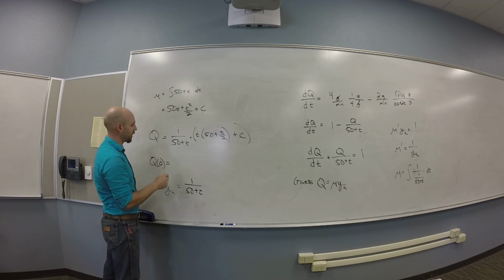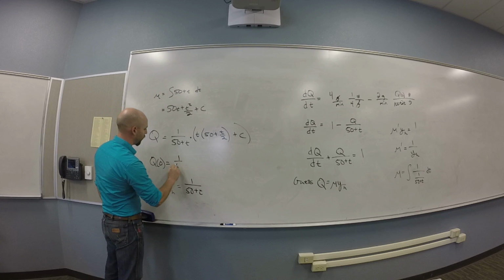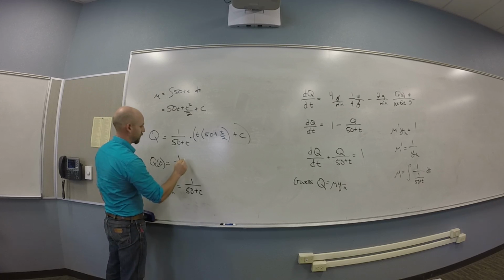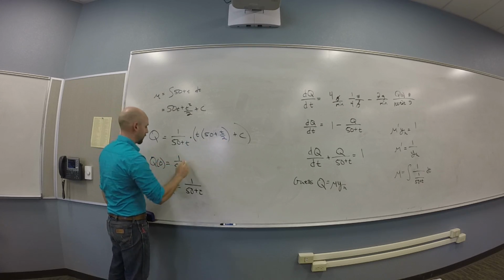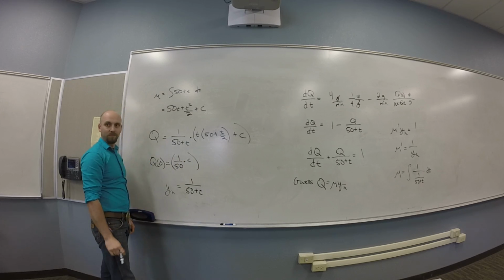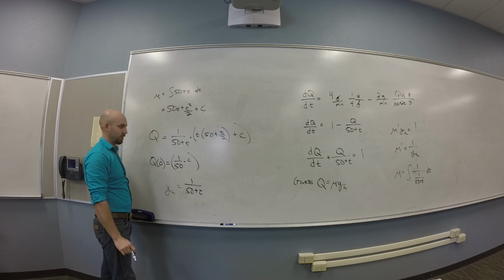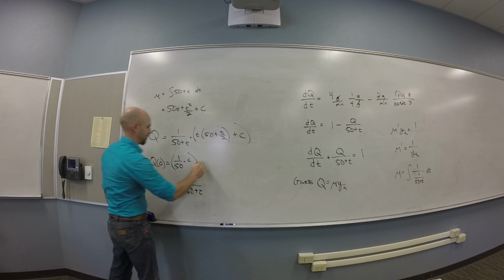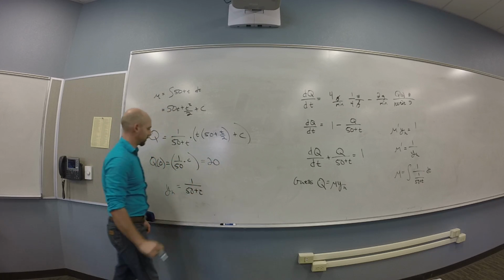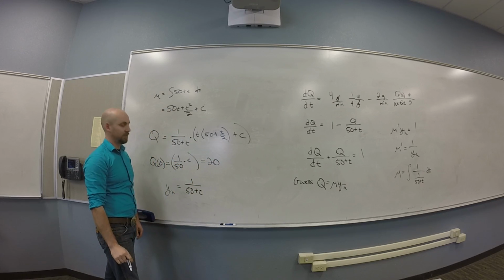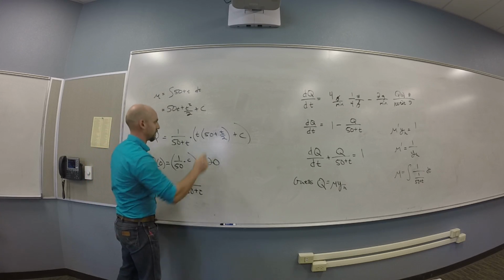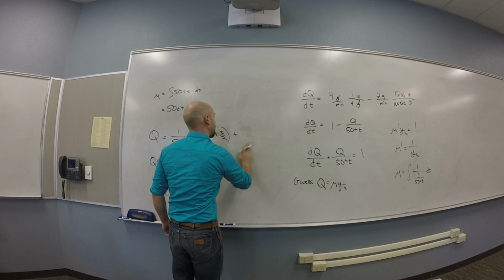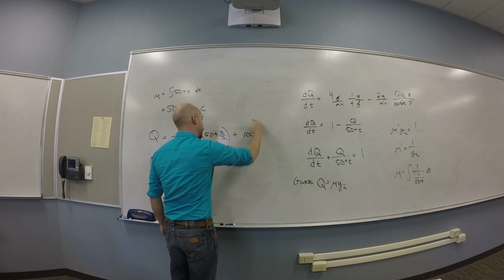Okay, so if I plug 0 in here, I get 1 over 50, that part's 0, plus c, times c. So I think I got that equals 20. So that seems like c is 1,000.